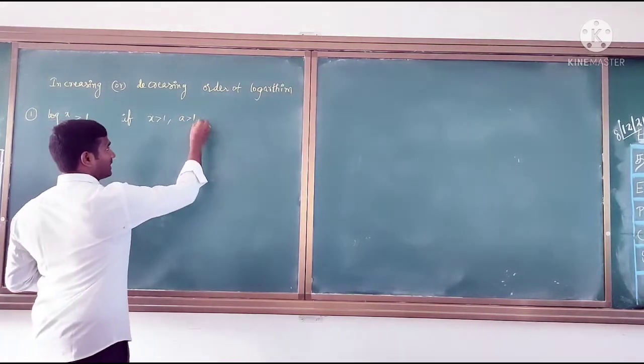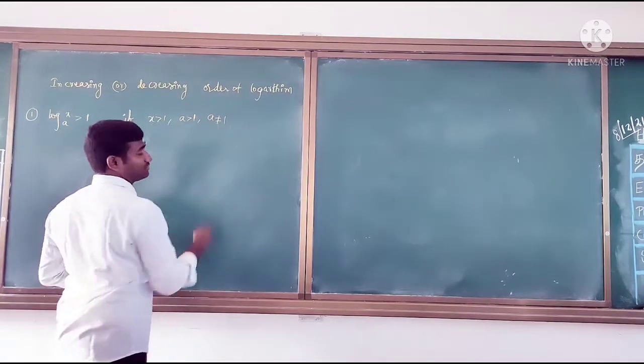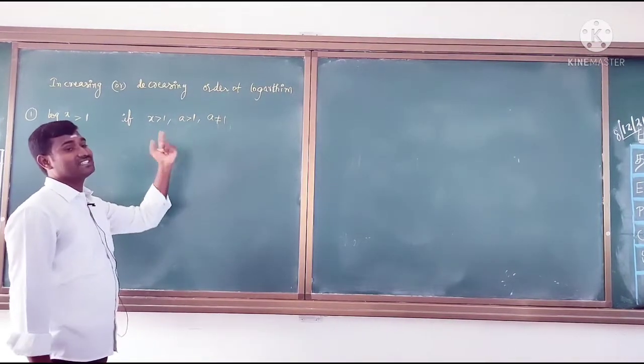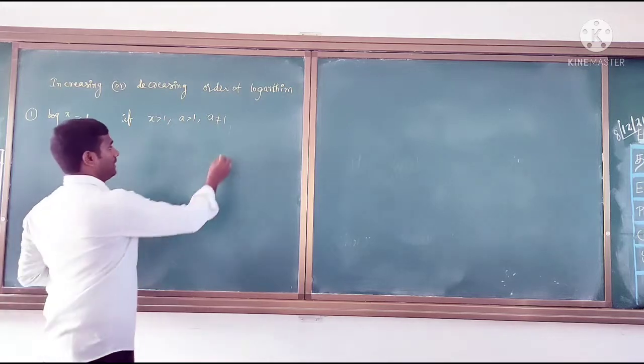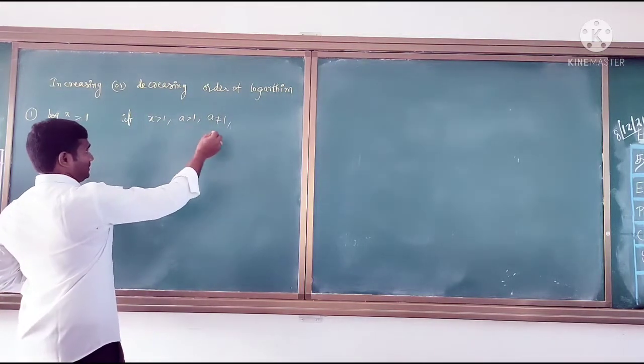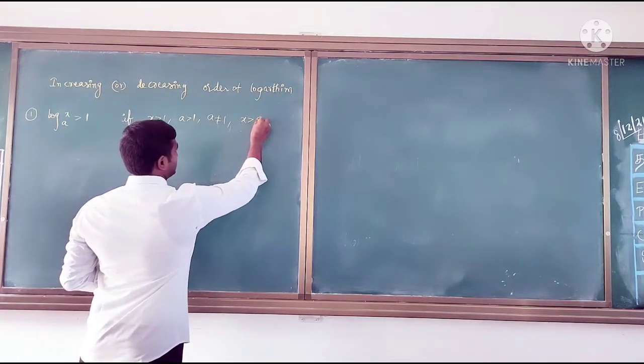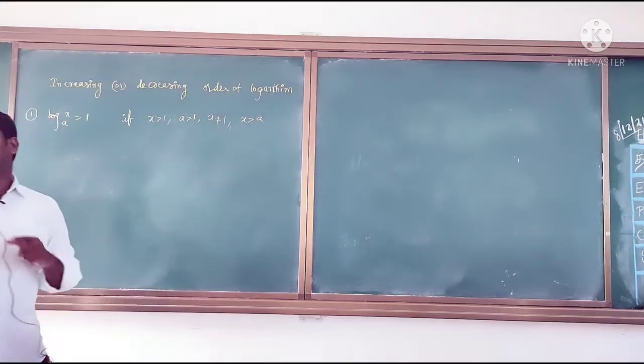And we have the logarithmic condition a not equal to 1, base should not be equal to 1. So a greater than 1 means it's not equal to 1 only. And x should be greater than a.